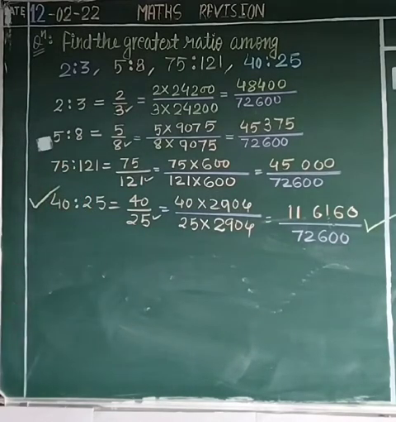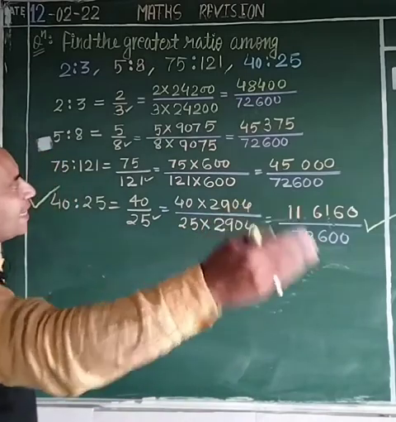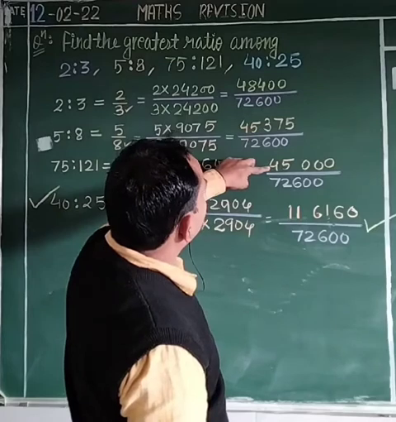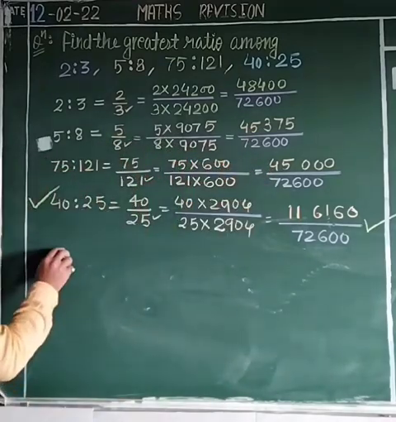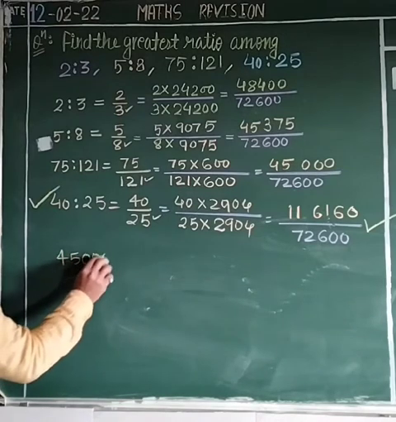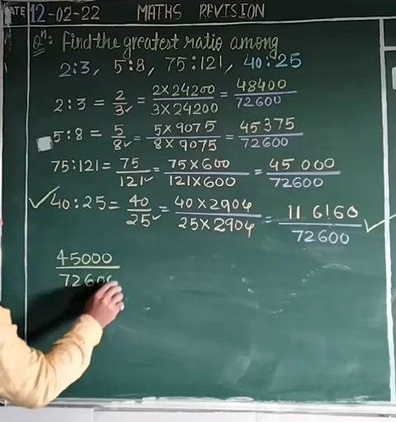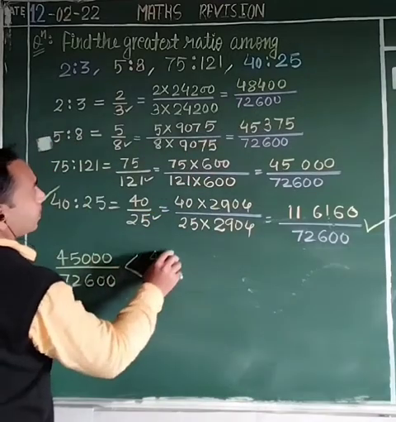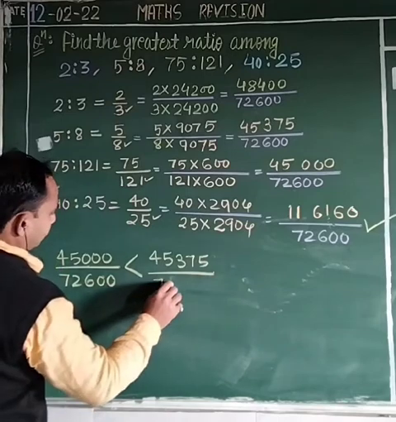So which ratio is biggest class? Yes, 40 upon 25. And if you want to write the fractions in ascending or descending order, I am going to write in ascending order. In ascending order, which numerator is smallest? This one. This is the smallest numerator, 45,000 upon 72,600. After that, this one, 45,375 upon the same denominator.